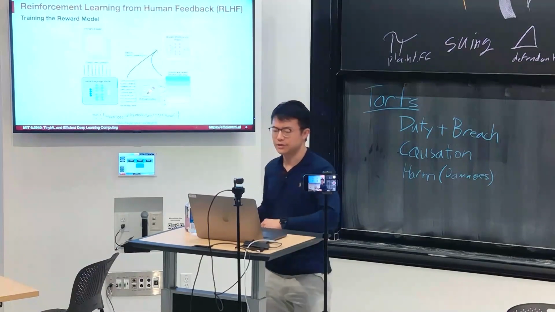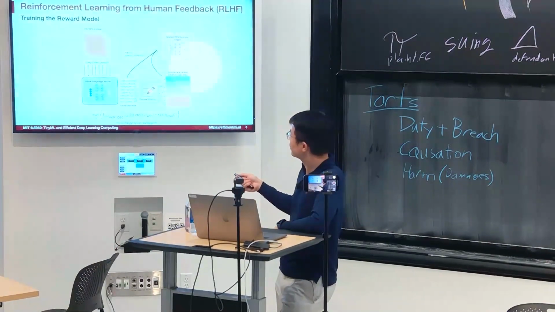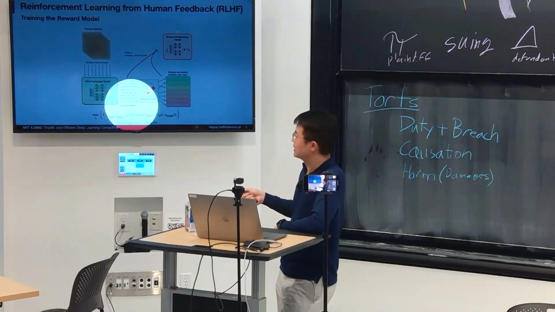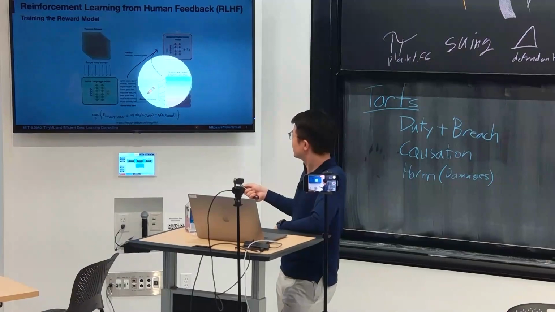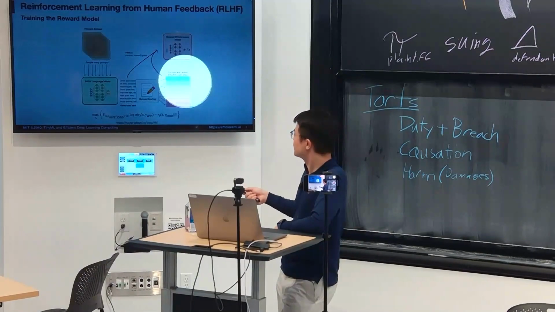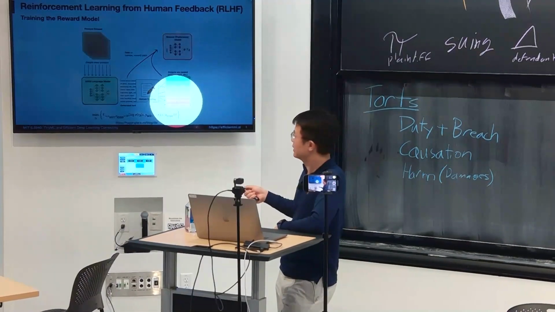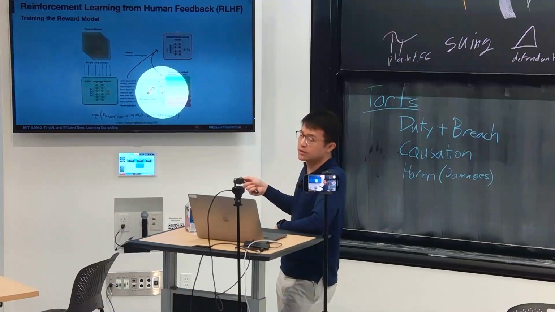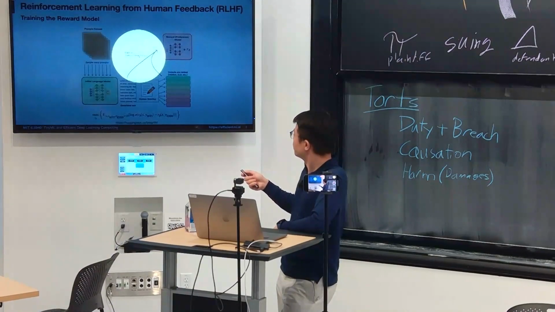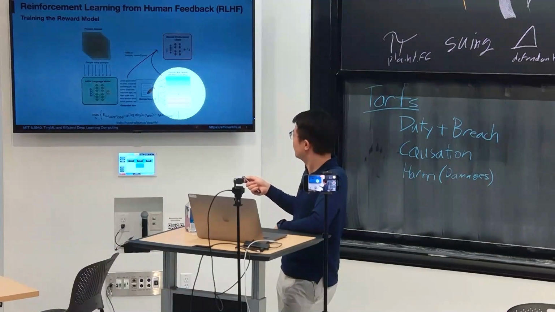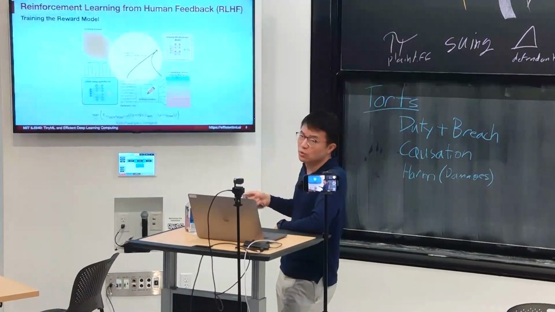Here, the first step is to train this reward model. Given a lot of prompts, we sample many prompts, pass them through the initial language model, and generate many texts: the first choice, second choice, third choice. We ask a human to score these different answers from the best one to the worst one. Then we use this X and this Y as input and output to train on sample-reward pairs.